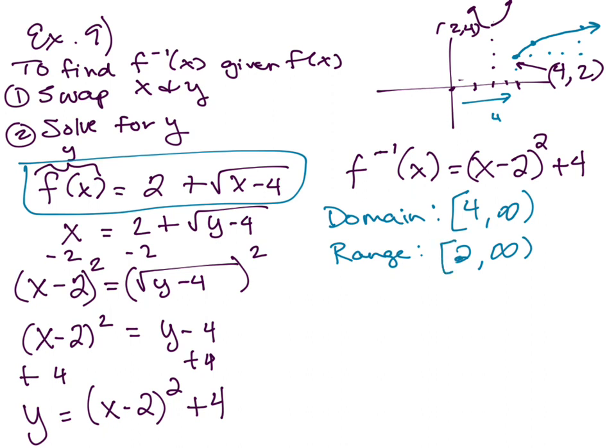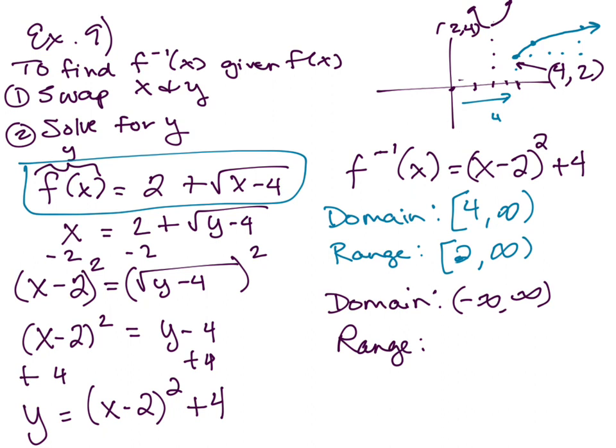Well, let's look at that parabola. What's the purple one's domain? The purple one has a domain of all real numbers, or negative infinity to positive infinity. It goes forever. But what's its range? Is it like a U?